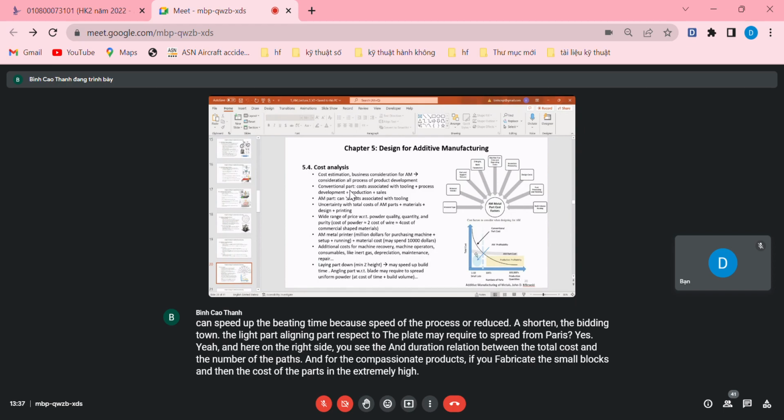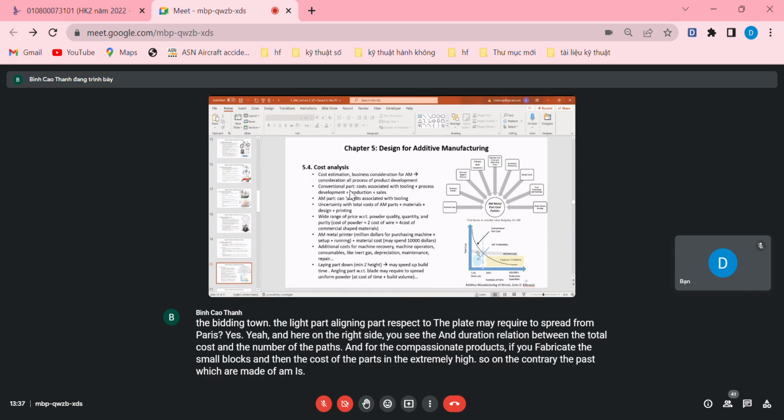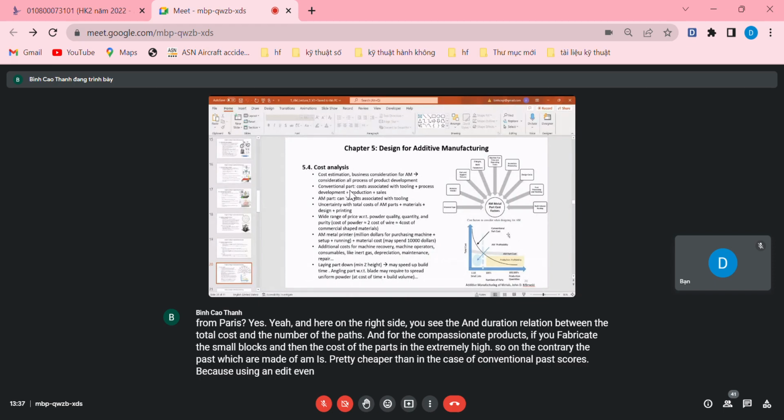On the contrary, those parts made by AM are much cheaper than conventional parts, because the additive manufacturing process is suitable for fabricating small lots.